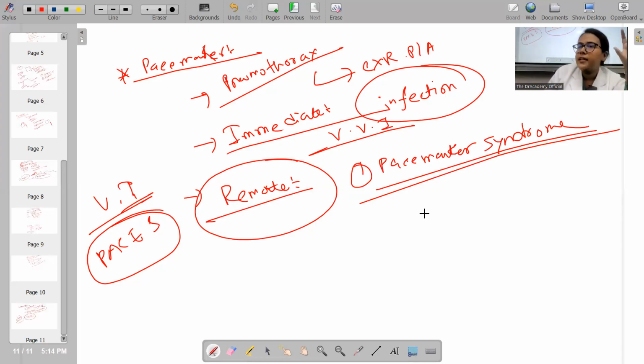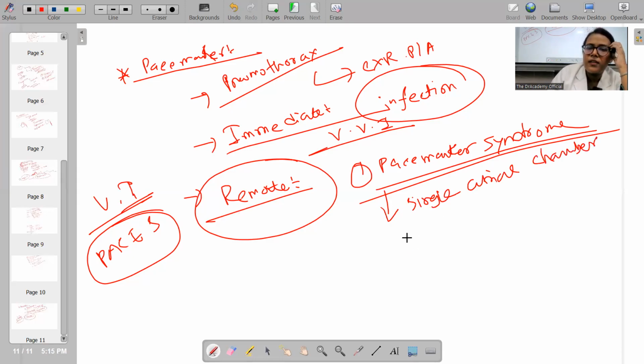Have a high clinical suspicion of pacemaker syndrome rather than heart failure. Pacemaker syndrome eventually causes heart failure, but if the device itself is causing heart failure, you should consider CRT-D and removal of the pacemaker. It also happens because of single atrial chamber pacemakers, okay? So the treatment is actually dual chamber.